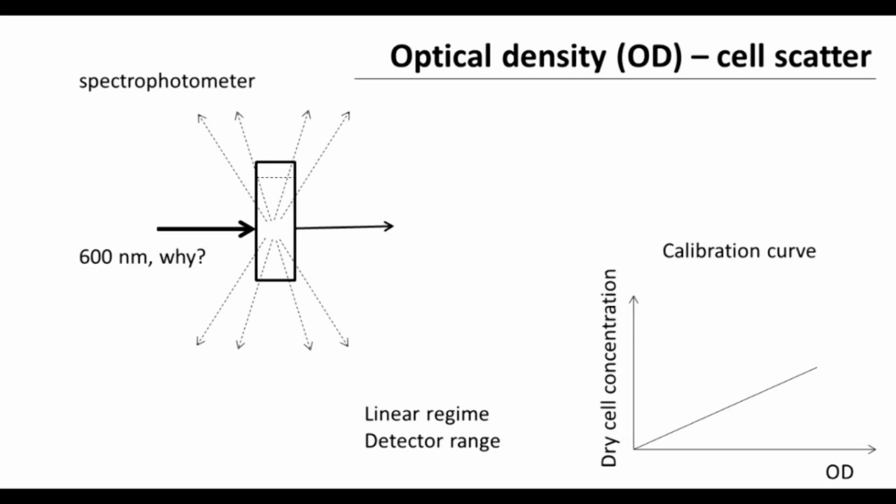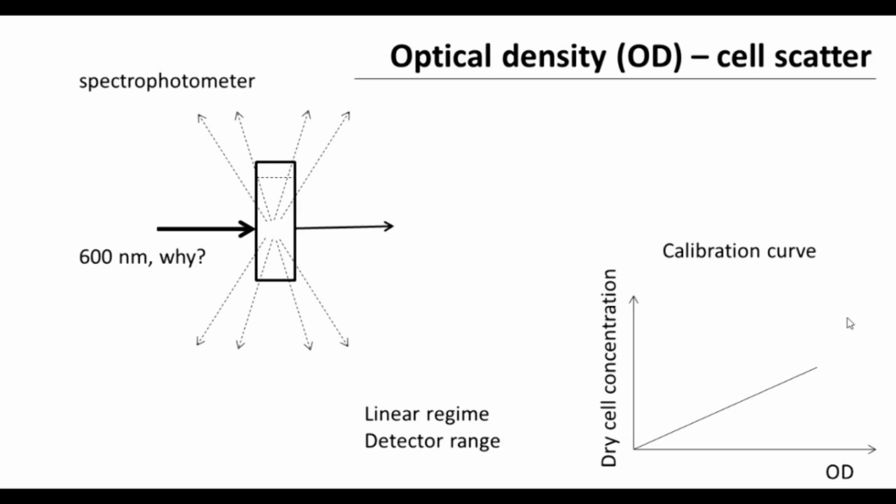That's a law of nature. So it is going to be linear here, and above a certain dry cell concentration, it is actually going to saturate. We should not operate in this region. Of course, we measure, but we limit our range of operation to this linear region. In other words, we need to measure only in this linear region.